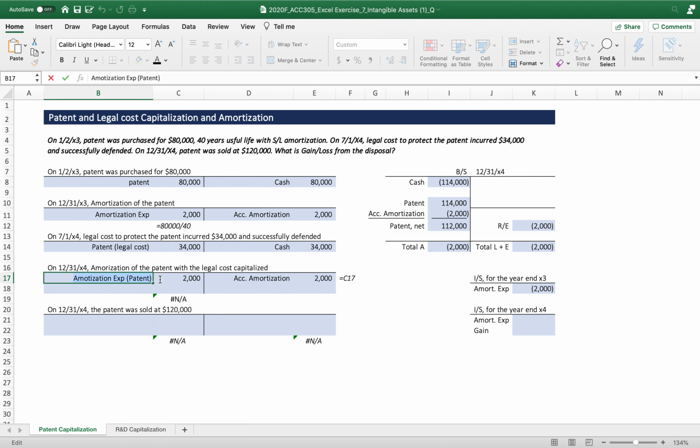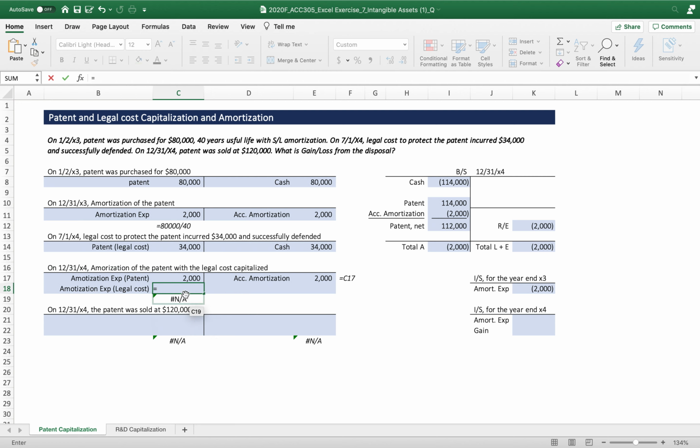Now we put the amortization expense for the legal cost. Then how do we calculate it? Right, we have a different useful life. The time the patent legal cost was incurred was July 1st.